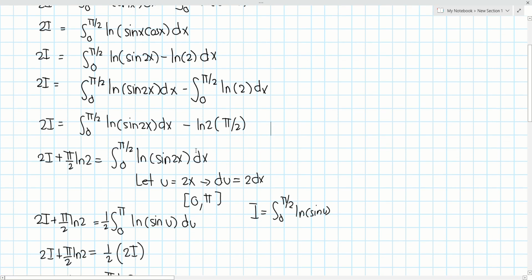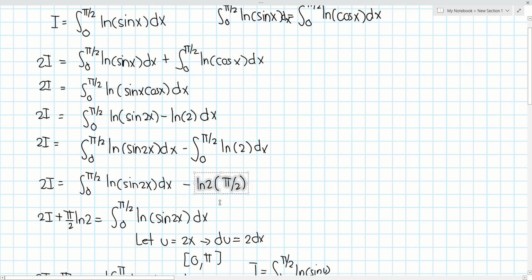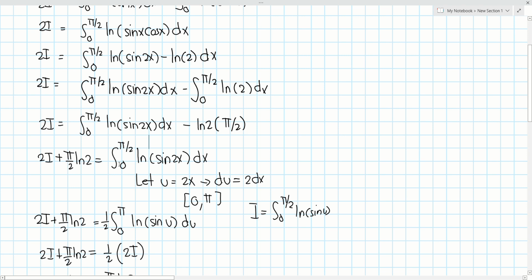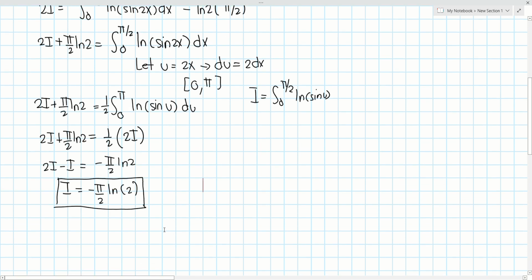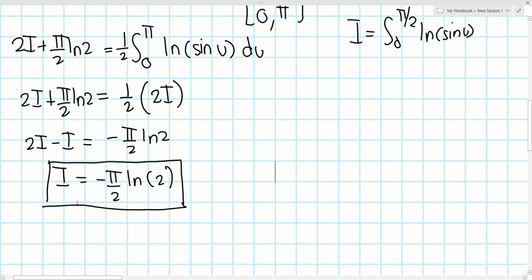From that, it was just trivial. We just evaluated the constant and expressed this term in terms of I, and then we ended up with I being equal to minus pi over 2 ln 2. So the takeaway here is that even if it seems like it doesn't have an elementary antiderivative, you can have a starting point.